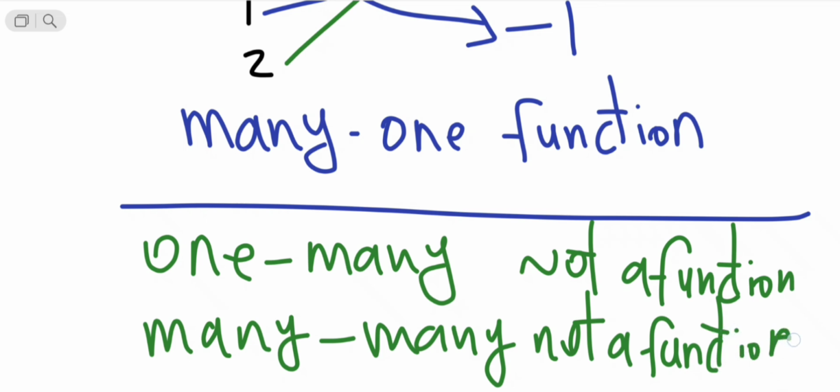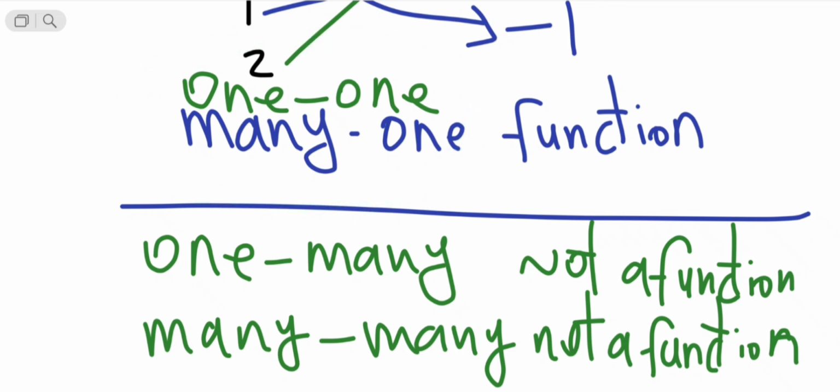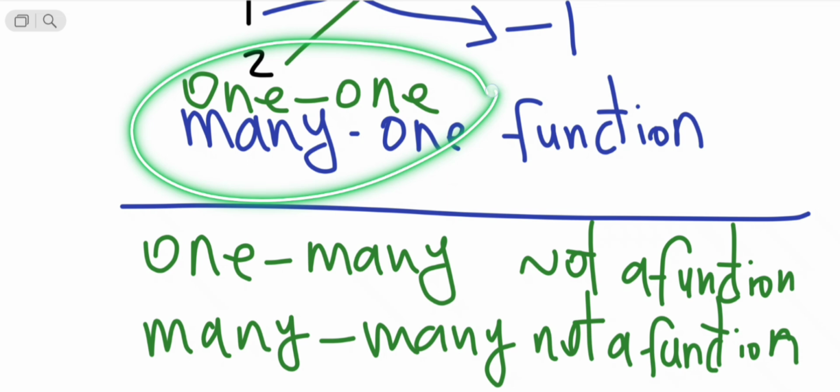Function only if it is one to one, or many to one. Only two types of function. One to many, not a function. Many to many, not a function. Clear? So you need to memorize this one, that there are two types only.